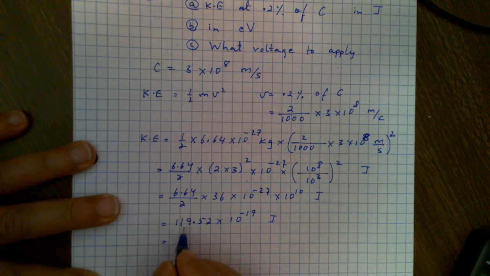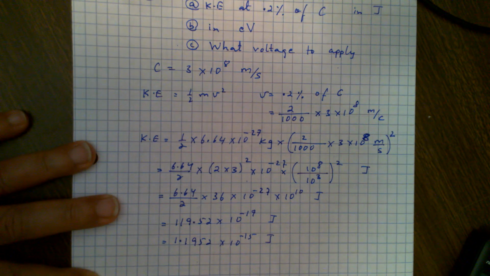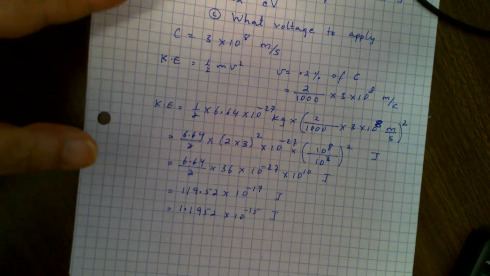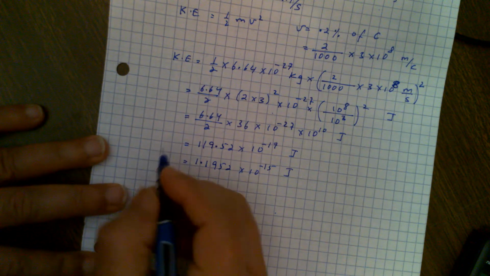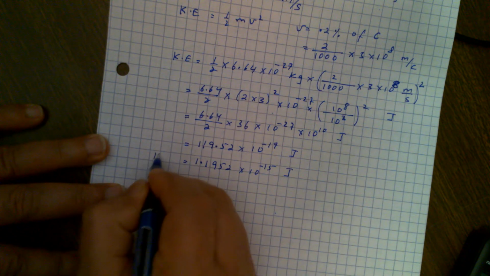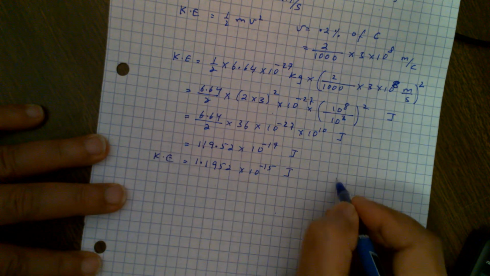Or you can move 2 decimal places, 1.1952 times 10 to the power negative 15 joules. Okay? So that's the answer to part A, kinetic energy in units of joules.